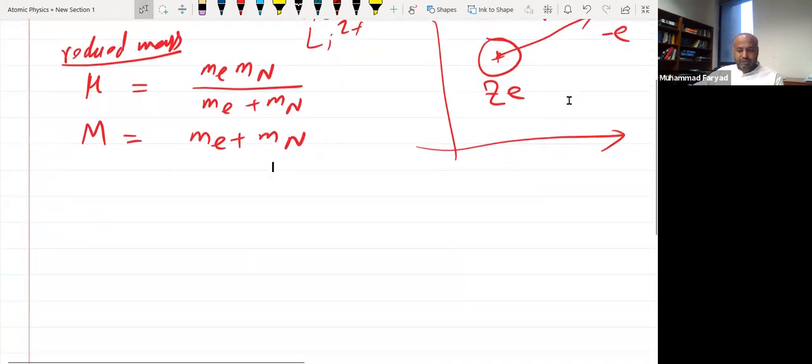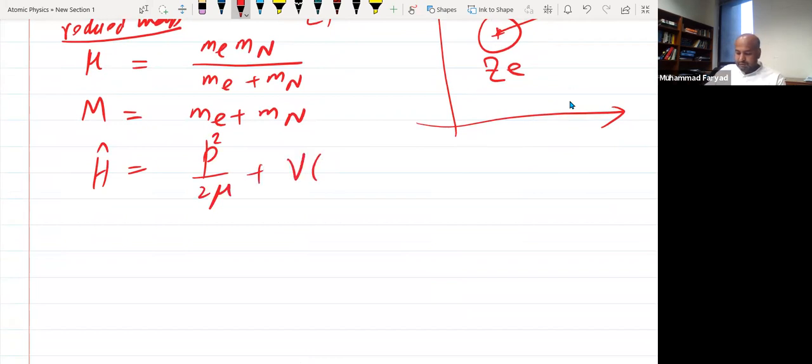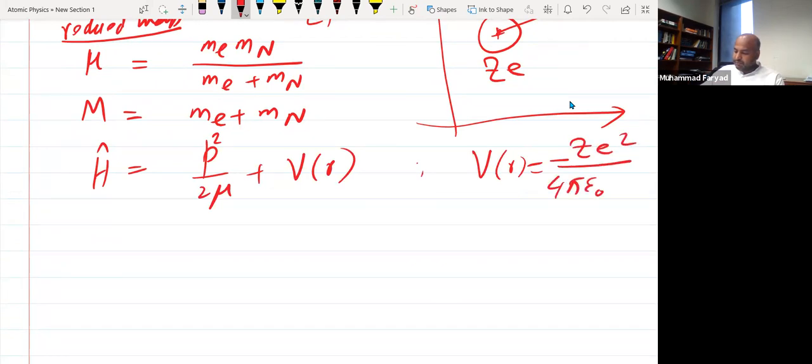And using this, we can write the Hamiltonian for the part of the internal motion as p square over 2 mu plus the potential energy between the two charges. And the potential energy can be written using Coulomb's law as minus Z e square over 4 pi epsilon naught R.